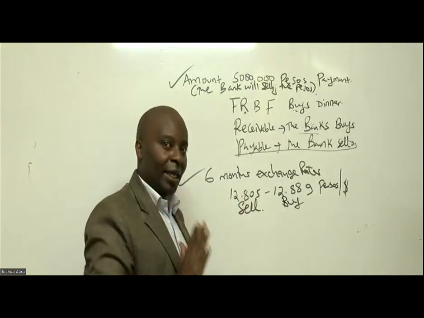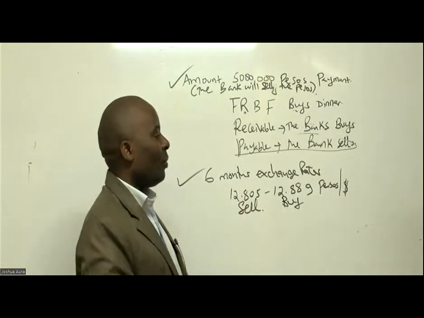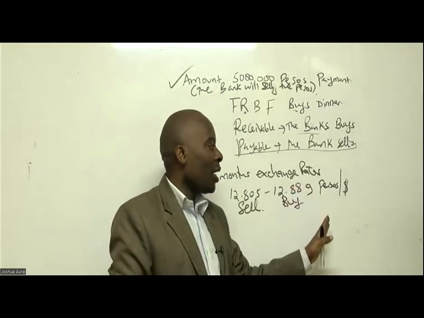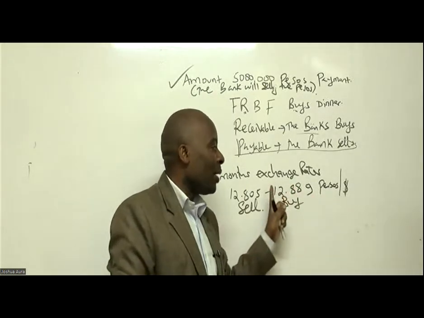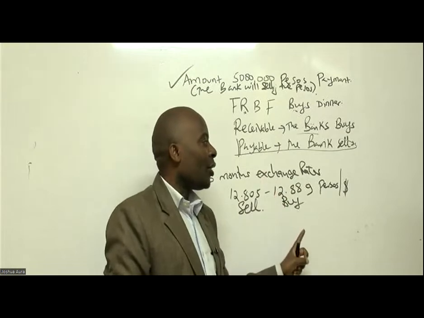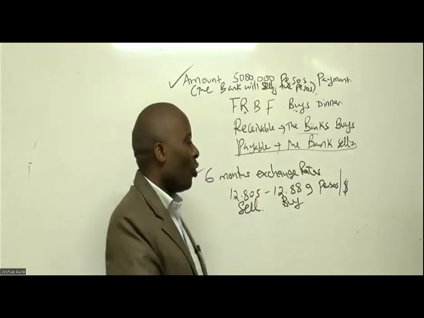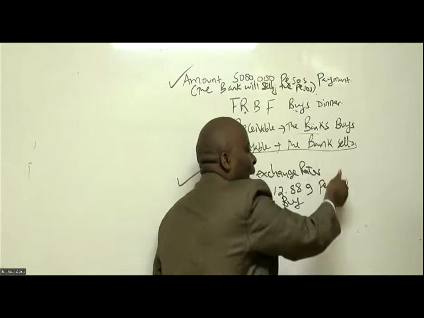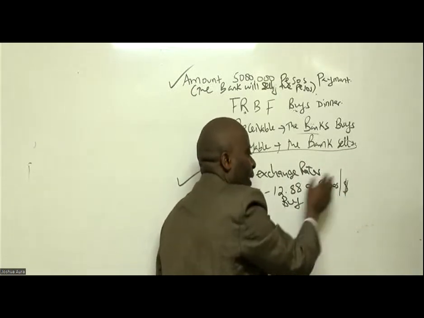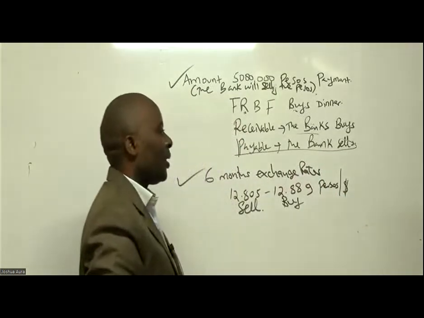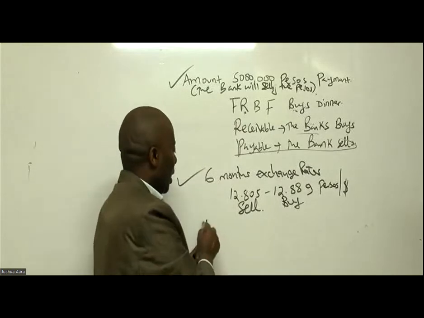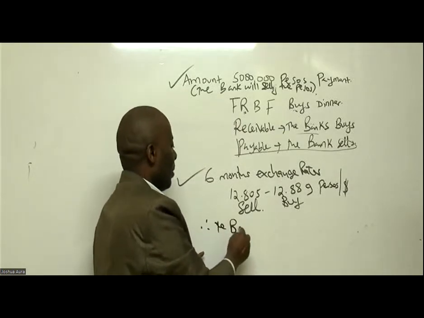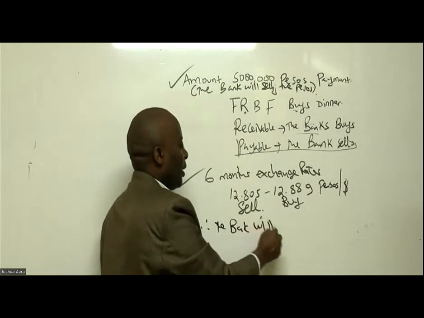The buying is normally based on where your home currency is found. If your home currency is the second currency, per dollar on the right side, then the right figure becomes the buy. So they've told me that the bank will sell.